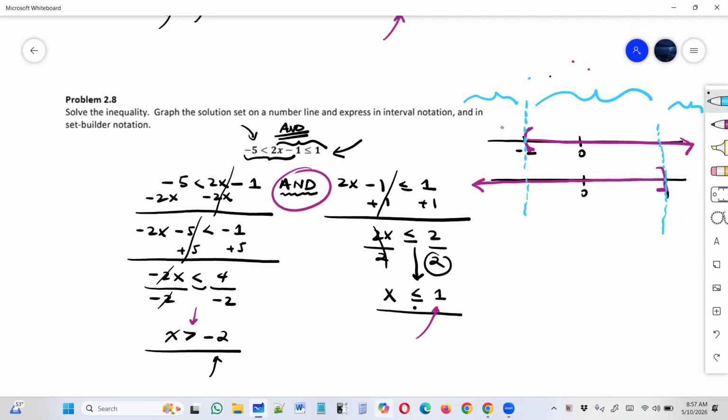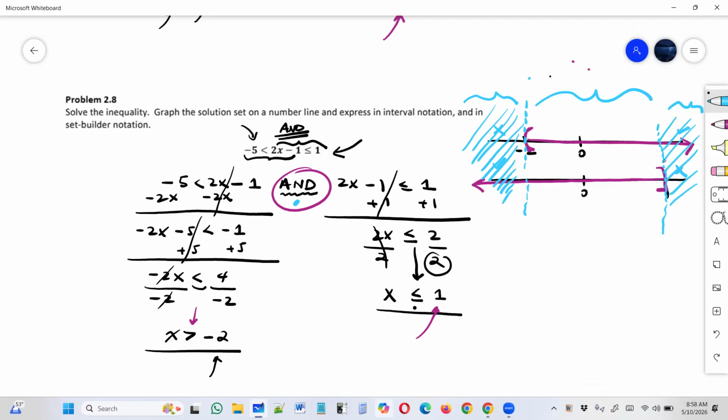Notice that on the far left segment, there's no solution here, but there was one here. But because of the word AND, this is out, because AND means it has to be true for both. So this is out. On the far right, I have the same situation. There's a solution here, but there's no solution there. So that's out.